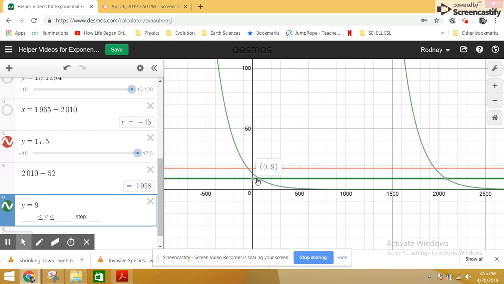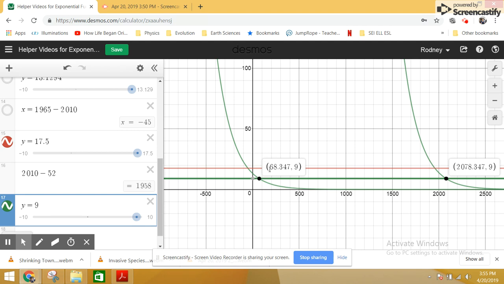And it intersects in our x is the year one at 2078, a little more than 2078. And this one, 68 years after 2010, which is about 2078.